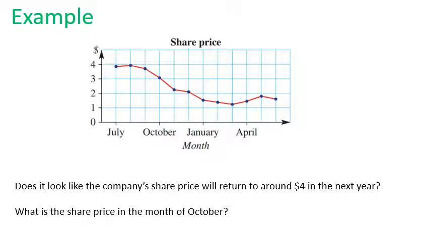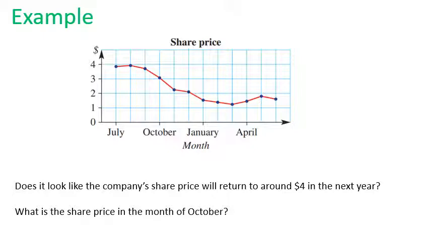So this time series data is showing us the share price over a number of months. Does it look like the company's share price will return to around $4 in the next year? Okay, so we can see the share price starts in July at around $4, and then in August it's still around $4.